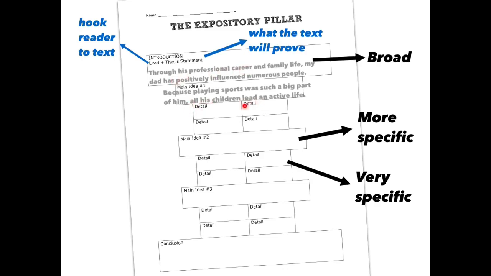I'm also going to skip the details, but the details here would be more specific elements, very specific elements actually, that would probably show how my dad played sports and how it influenced us, his children. Again, the rule is to ask yourself, do the details support your main idea?